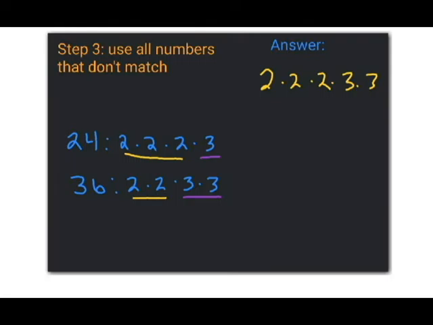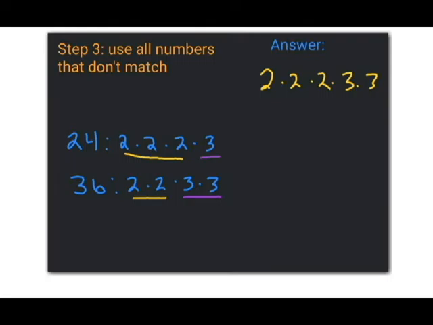Step 3. This is the very last step before we actually get our answer. We use all numbers that don't match. If you look at our prime numbers, you'll notice that we actually have no numbers that don't match.